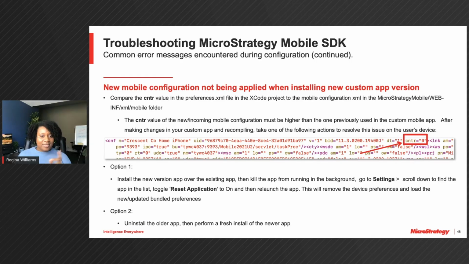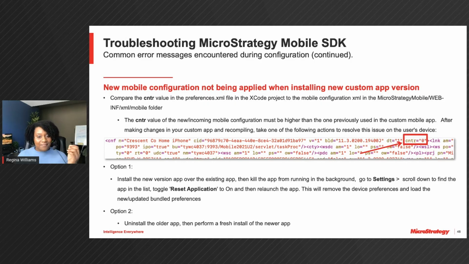And I wanted to point out that the mobile configuration that we showed in the demo, that counter variable is the one that would have to have changed in order to take on the new updated preferences. So for example, if on the device, the mobile configuration that I was using had the counter variable set to 0, if the new configuration that's coming through is still set to 0, then it won't know that it needs to update.